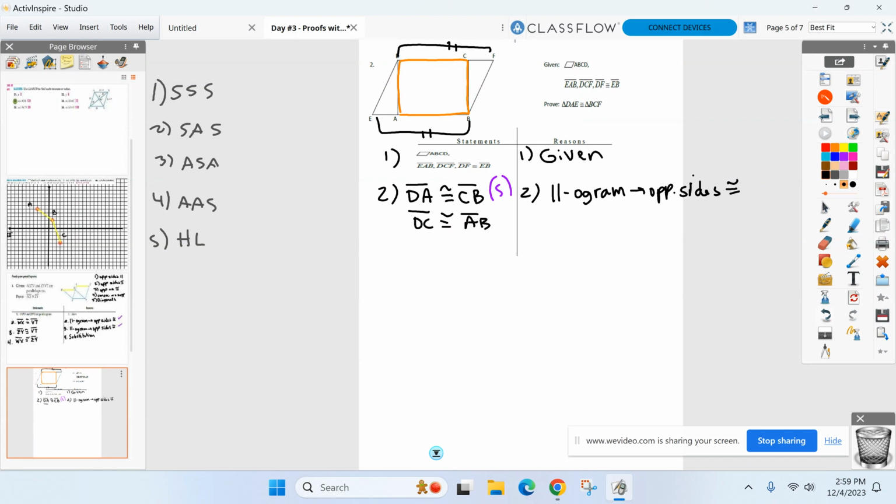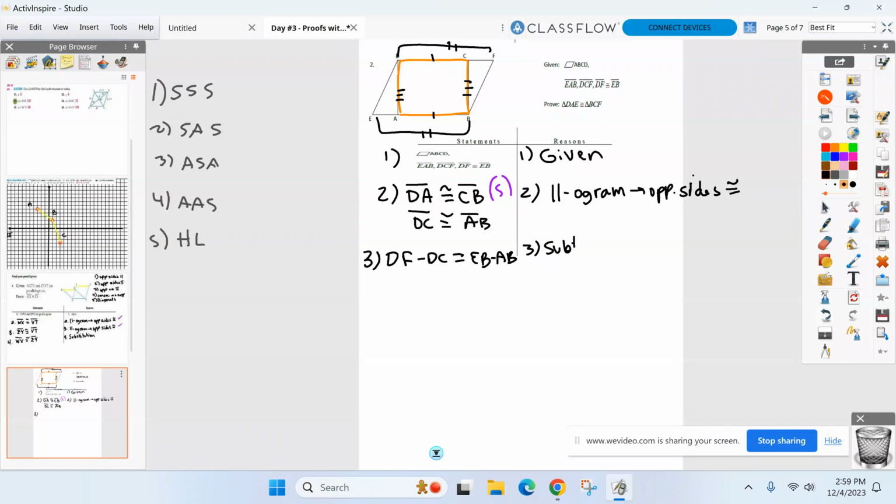If DC and AB are congruent, using those two and the given pair there, that DF and EB, I can do a little subtraction and get another pair of sides. So I can say DF minus DC equals EB minus AB.